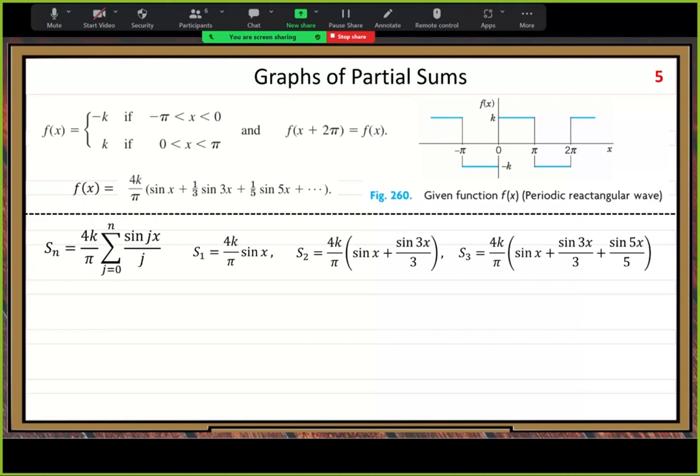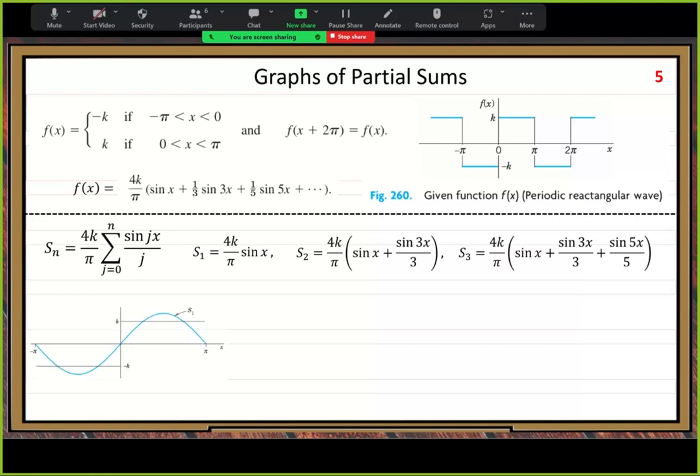We just look at these three partial sum functions and how well they approximate our destination function. Our destination is not a continuous function, but these three continuous functions, how well do they approximate it?